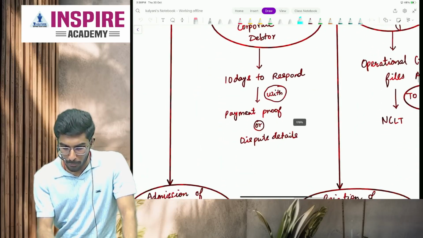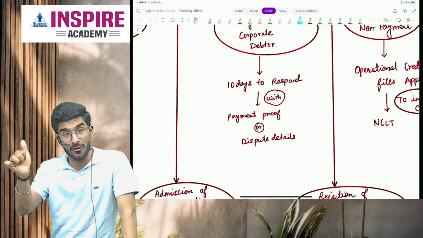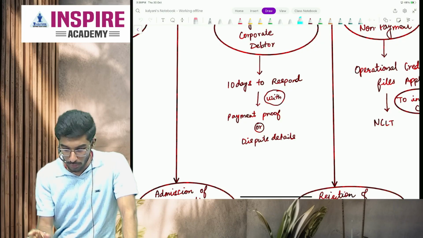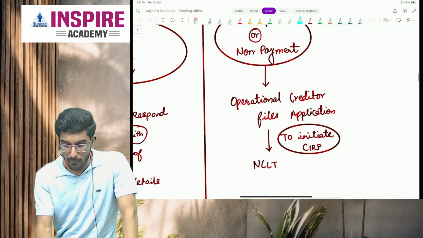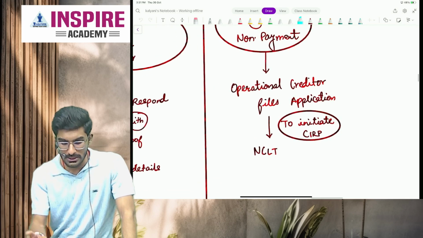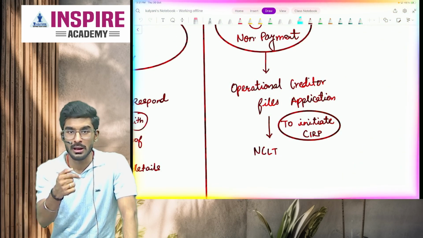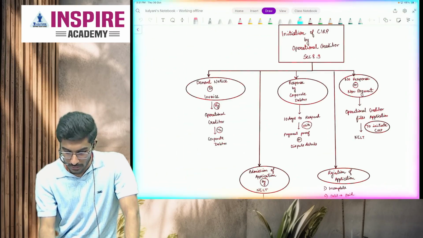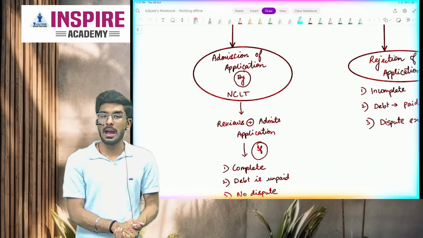The corporate debtor has 10 days to respond with proof of payment or dispute details. Then, people, if no response is given by the corporate debtor, the OC will file an application before NCLT. But before that, he has to send the demand notice or invoice. Next is admission of the application by NCLT.